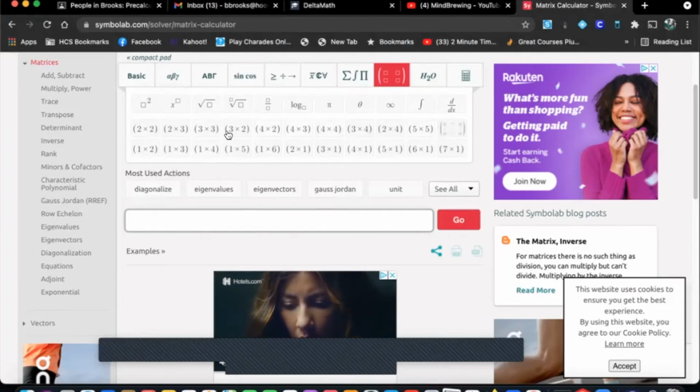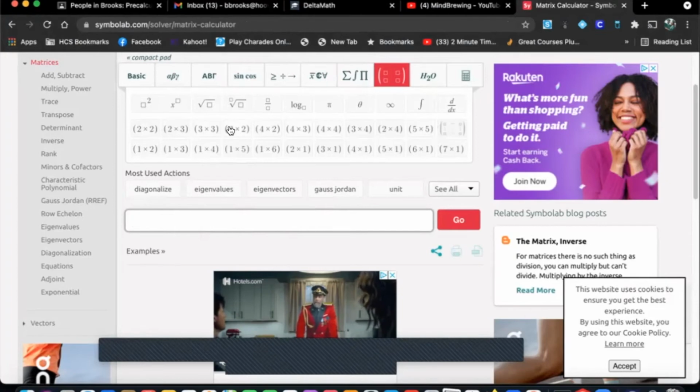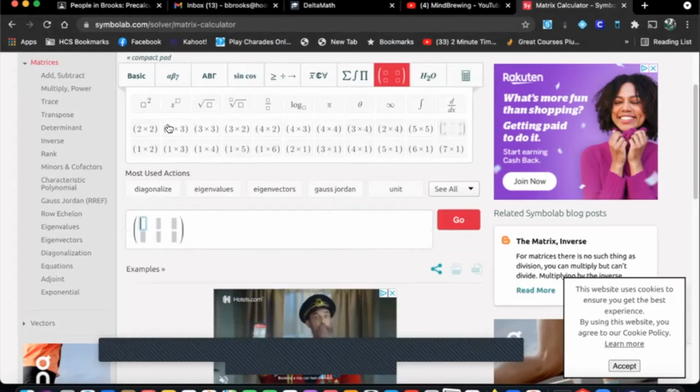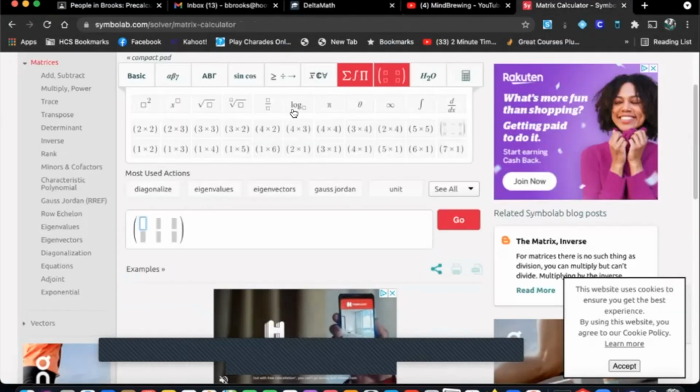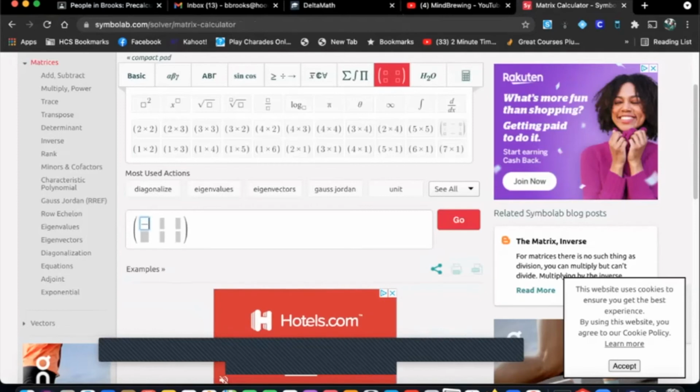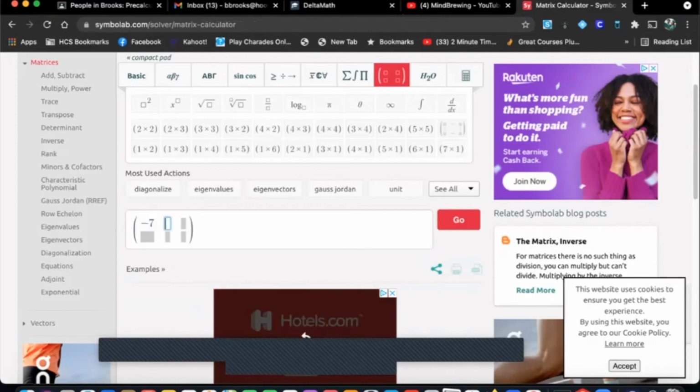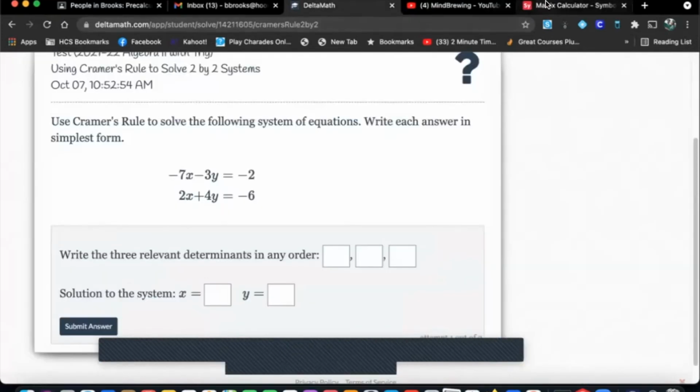So I'm going to put in, we had a 2 by 3 matrix. And let's see, it was -7, -3, -2. And then we've got 2, 4, -6.